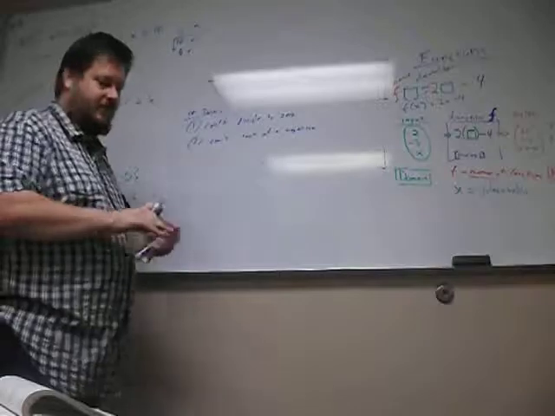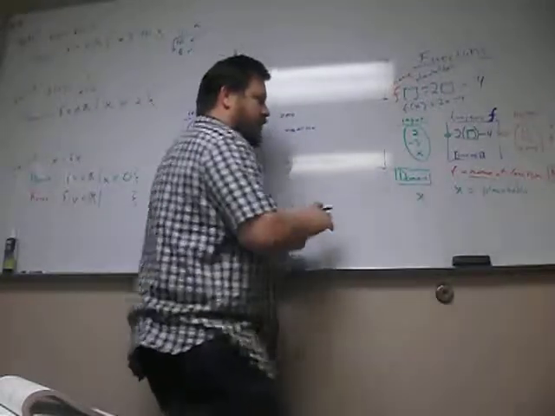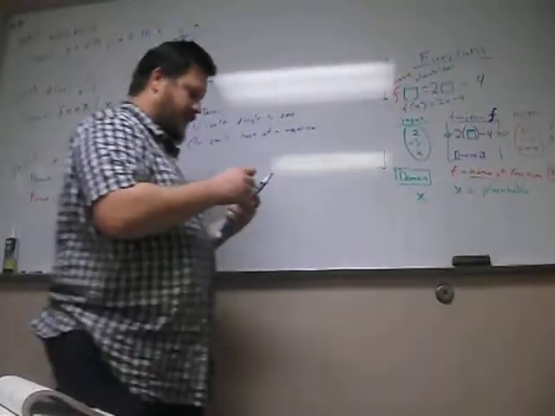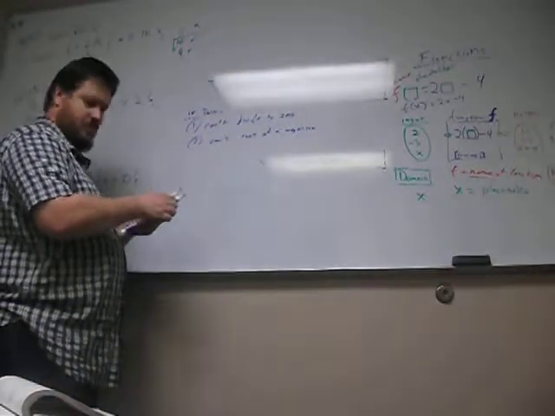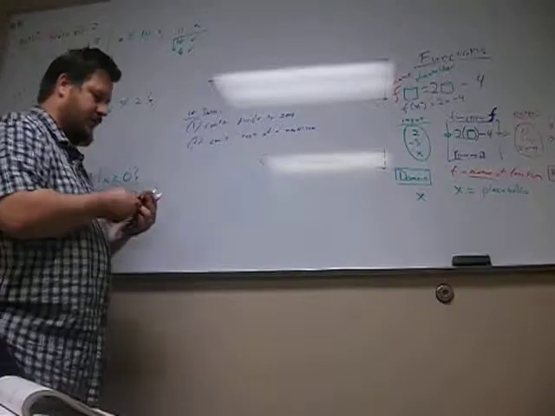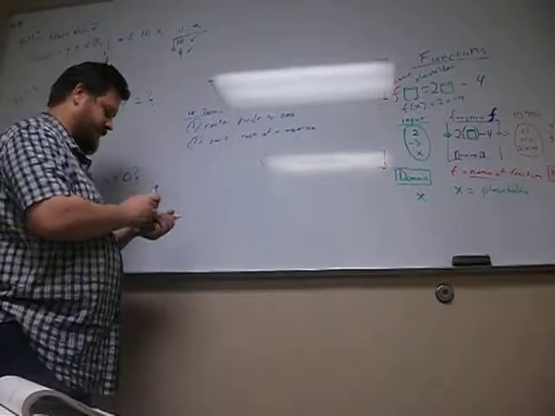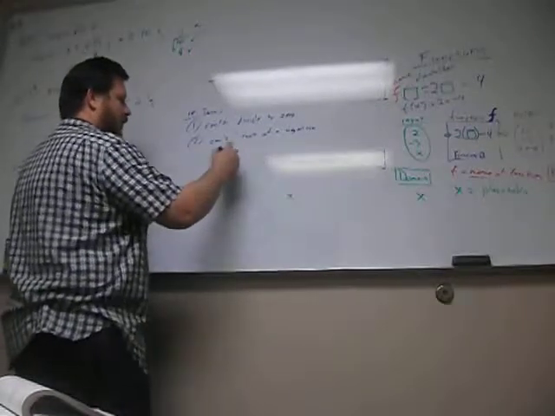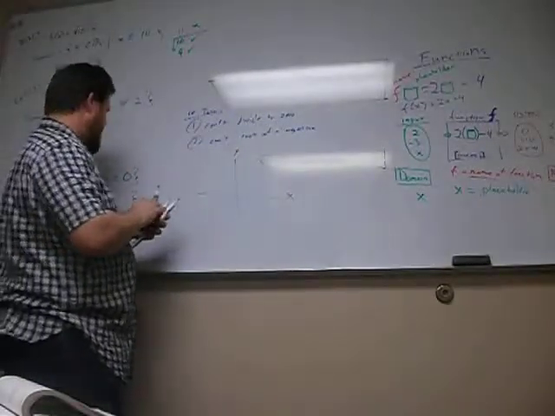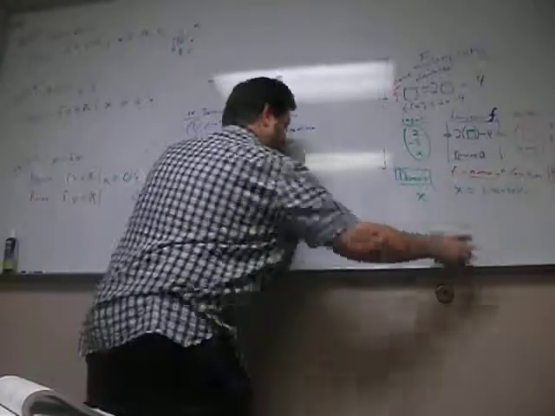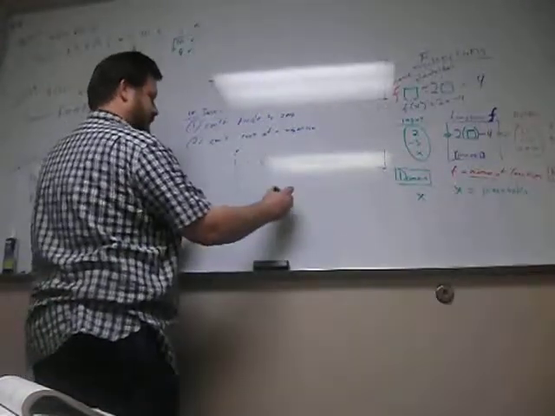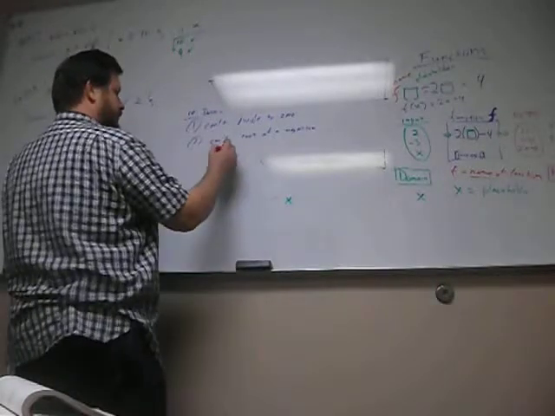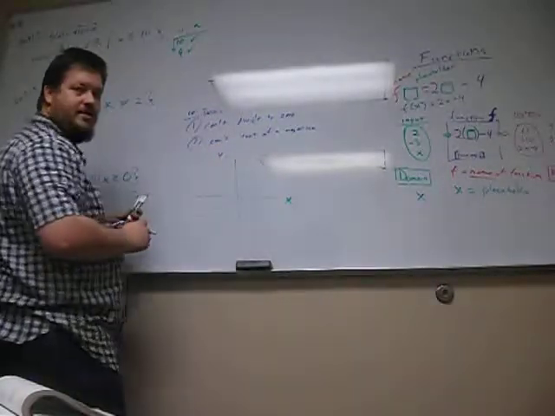Another way to think of this is when you plug in x's and you get out y's, and when you graph a function, you can graph it on the xy axis. So if I have my xy axis, and if you remember, I was doing x in green, and y in red or purple, and so y is our vertical.